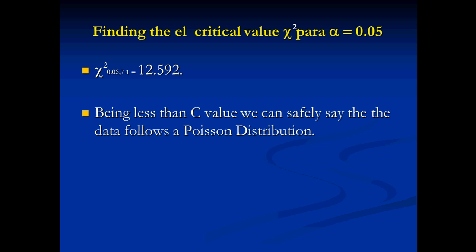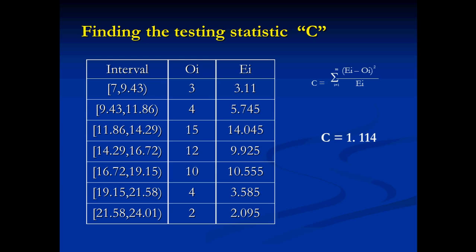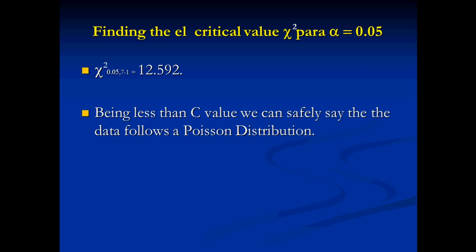So what we are looking for here is that this value, this C, is less than the value that we observed in the table, the critical value. So this is how the quadratic Chi test operates for any kind of distribution, being this the example for a Poisson distribution.